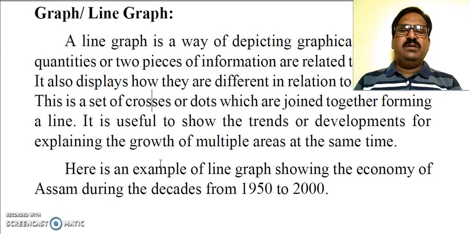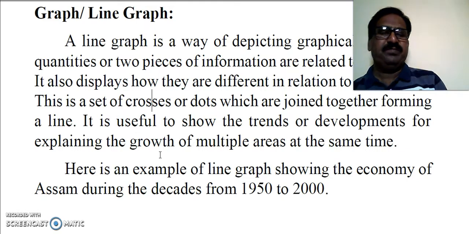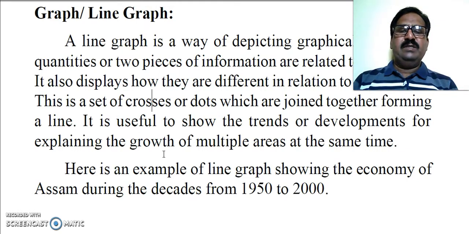Actually, this is a set of crosses or dots which are joined together and form a line, and that is why it is called a line graph. It is useful to show the trends or the developments for explaining the growth of multiple areas at the same time.